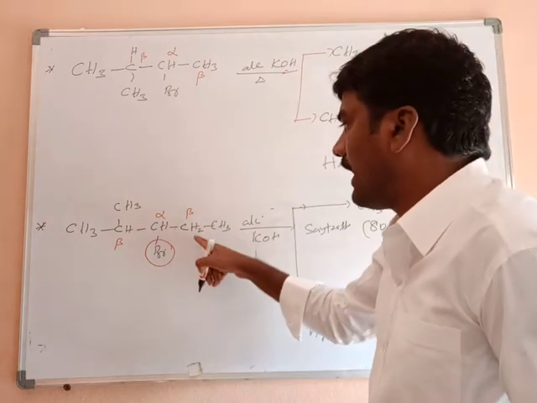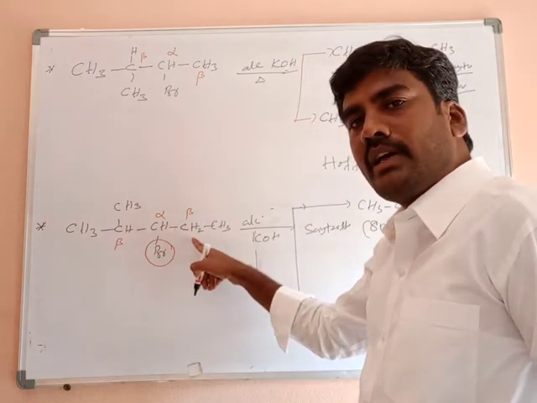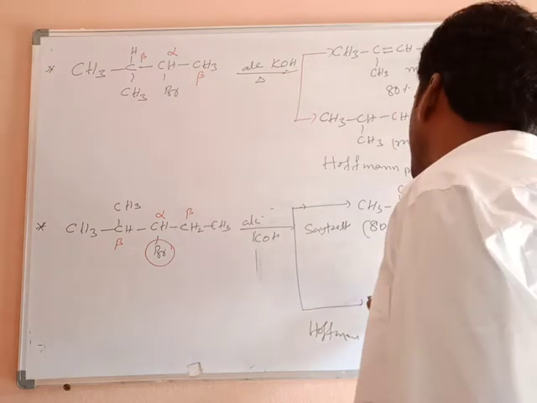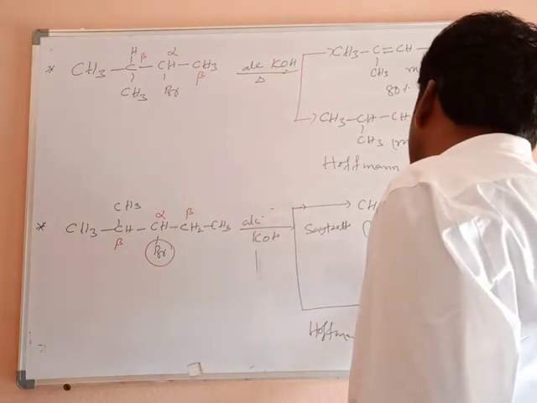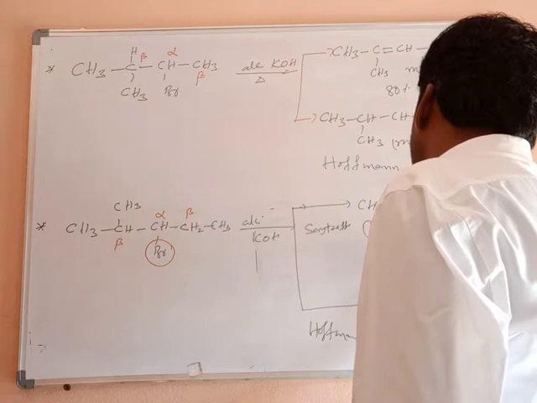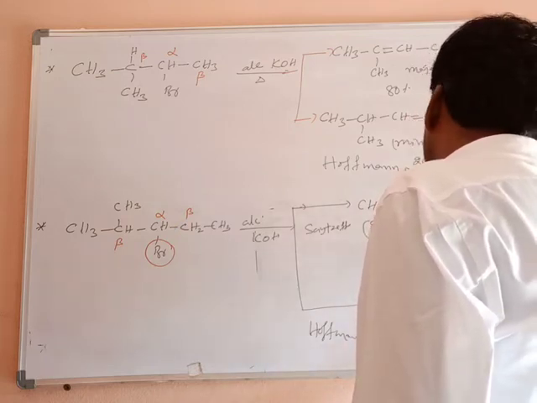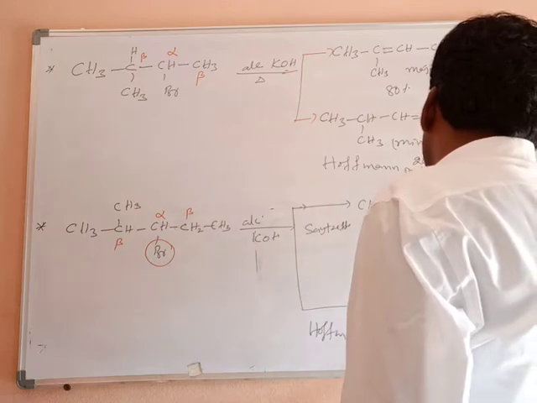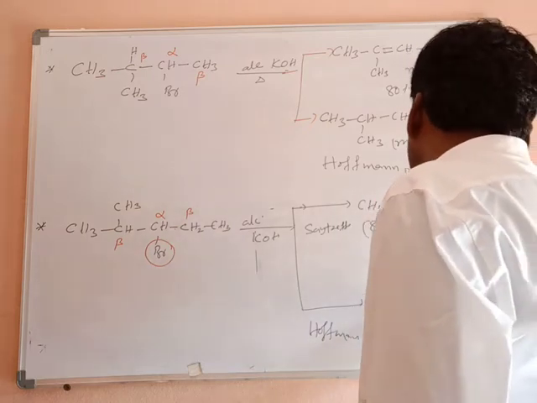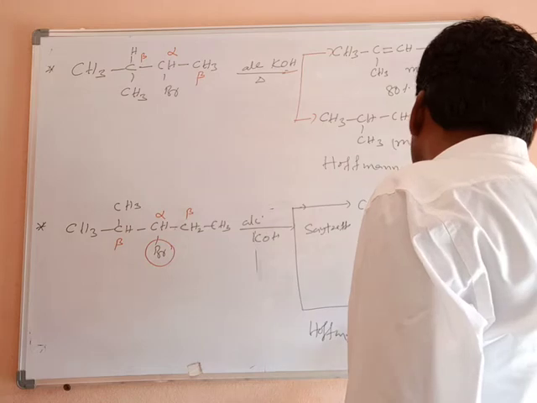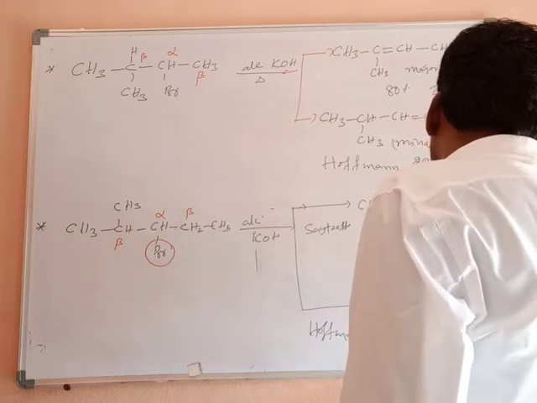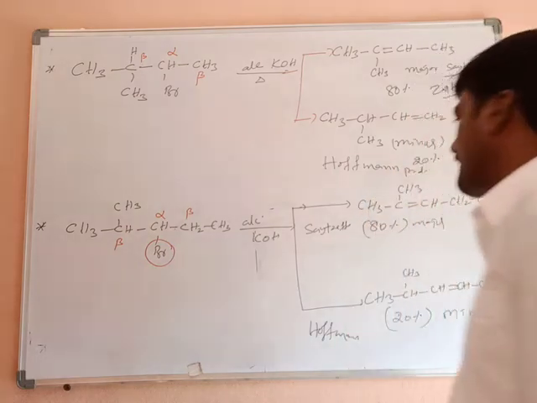What about the minor product? The hydrogen atom gets eliminated from the right side beta carbon. That is CH3, single bond, CH, single bond, CH3, single bond, CH double bond CH, single bond, CH3. This is the Hofmann, minor product, 20% will form. What is it? Minor product.